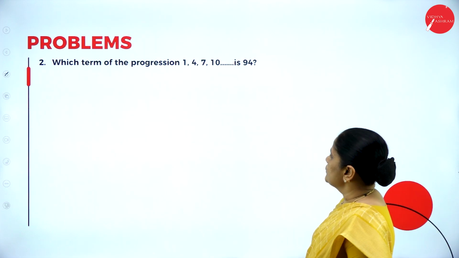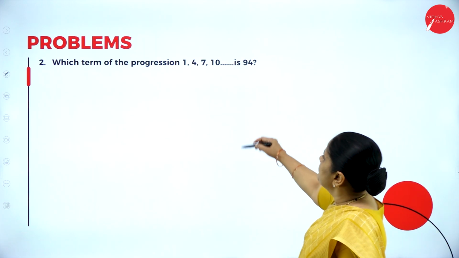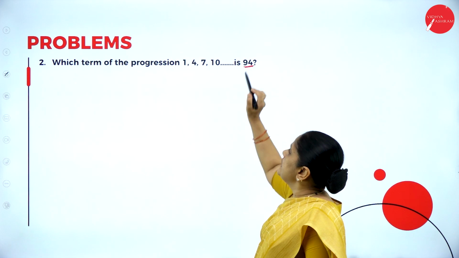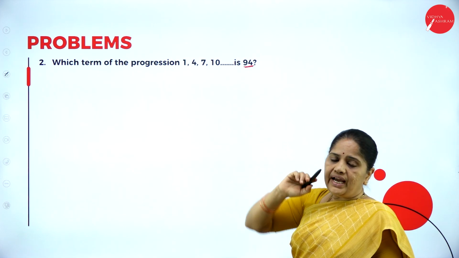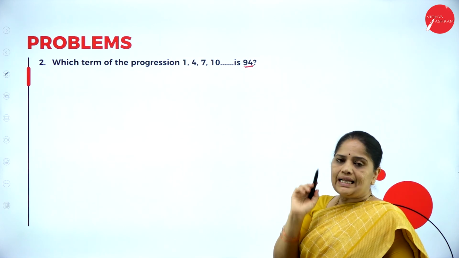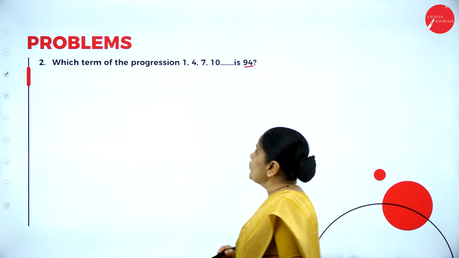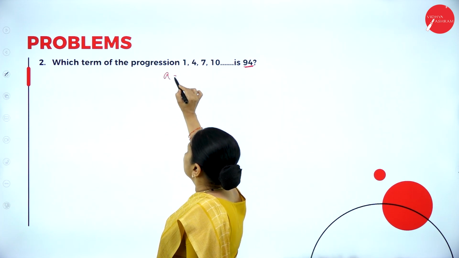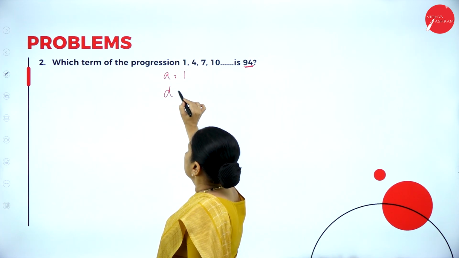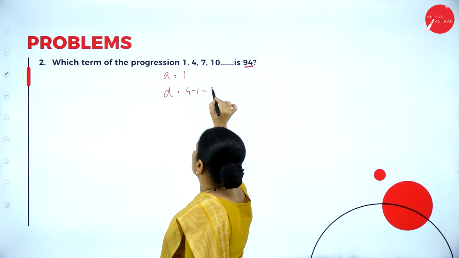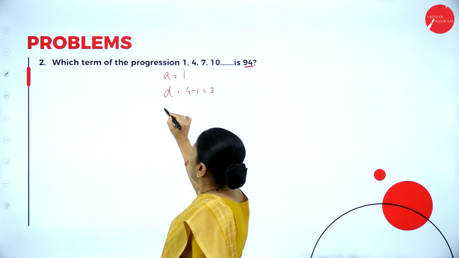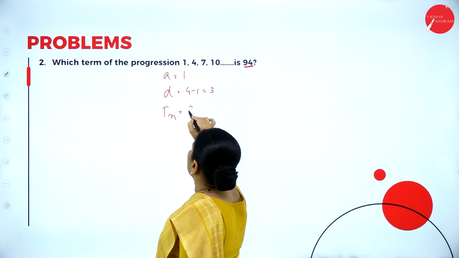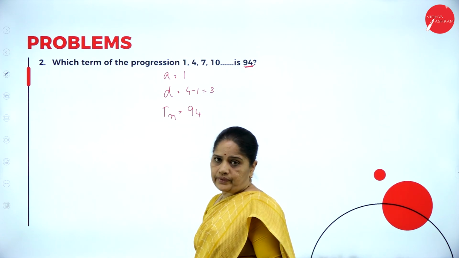Now the next one. Which term of the progression is 94? So we have to calculate the nth value of the term 94. Now A equals 1. D equals 4 minus 1, that is 3, and Tn equals 94.